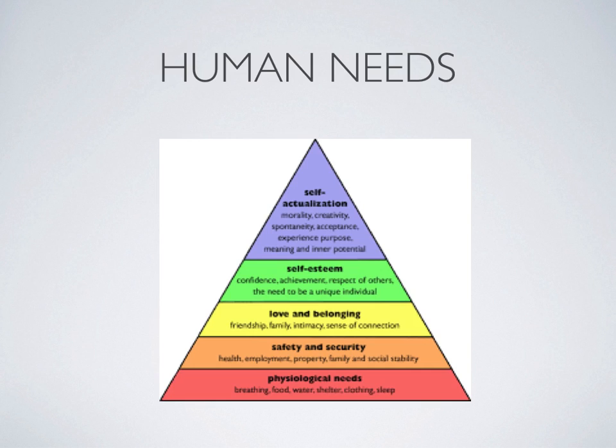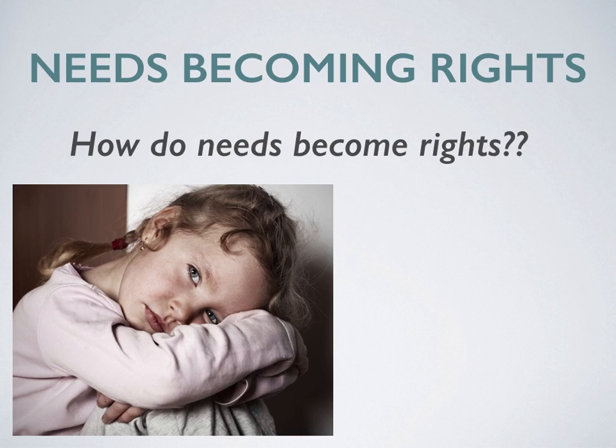When we look at human needs, we most often look at this triangle of Maslow: self-actualization, self-esteem, love and belonging, safety and security, physiological needs, and people these days put underneath that the need to be connected, because it seems that young people particularly have a great need to be continually connected to the internet, to phones, etc. It's interesting to think about when needs become rights.